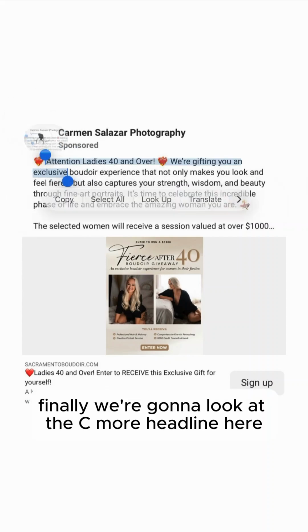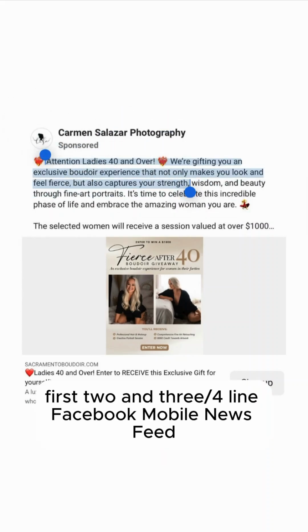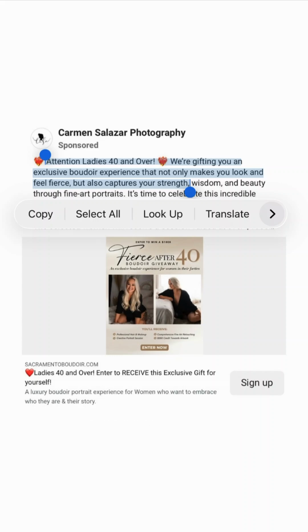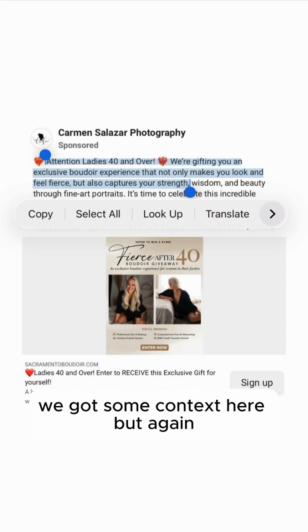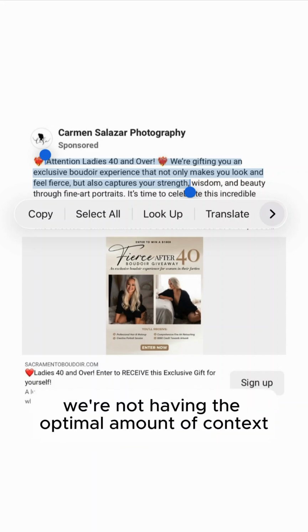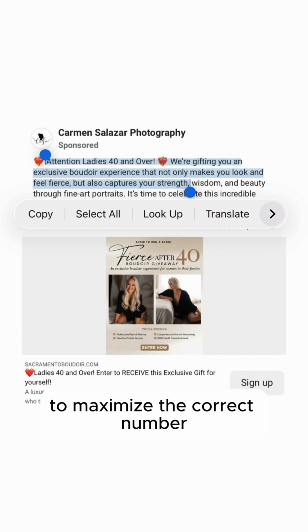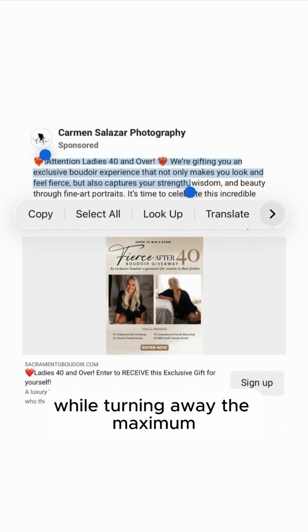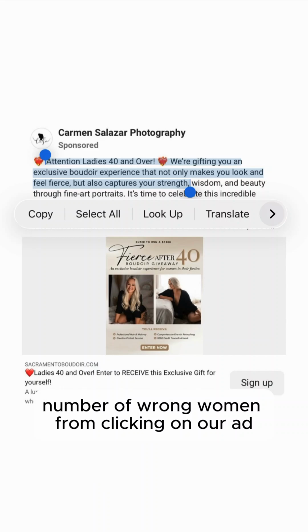Finally, we're going to look at the see more headline here, the first 2 3/4 lines on the Facebook mobile newsfeed. "Attention ladies over 40, exclusive boudoir experience." Okay, so we've got some context here, but again, it's a lack of context mistake. We're not having the optimal amount of context to maximize the number of correct women while turning away the maximum number of wrong women from clicking on our ad.